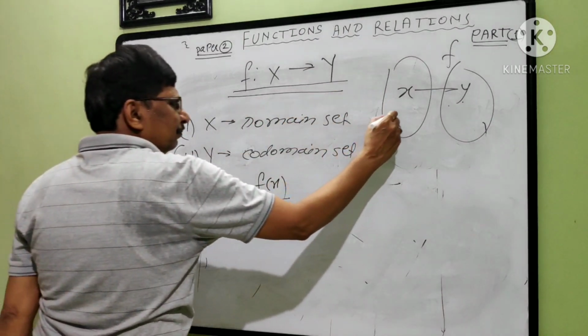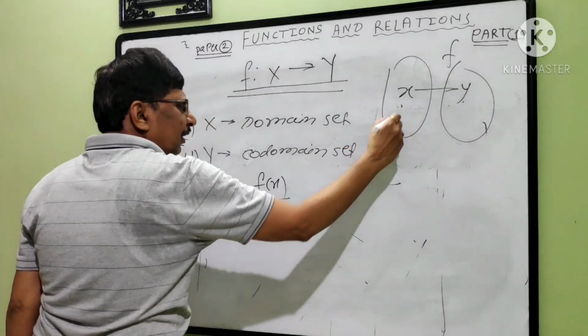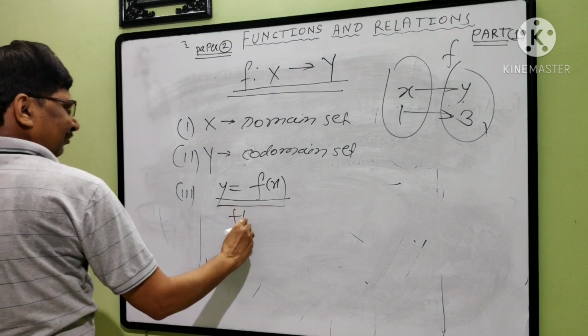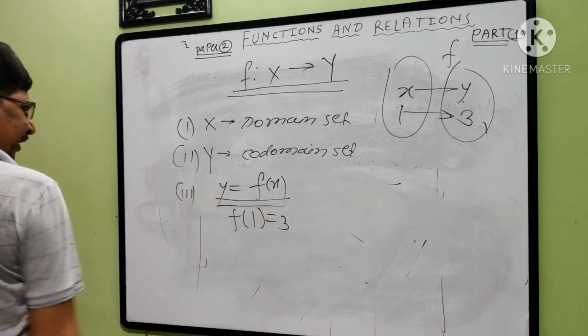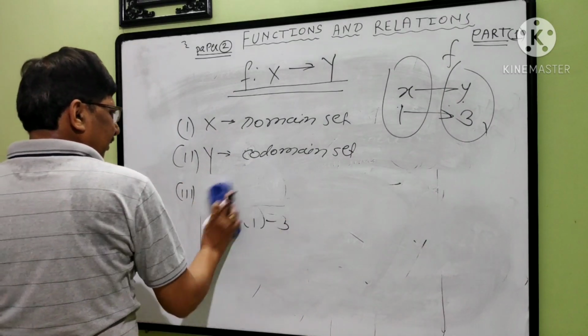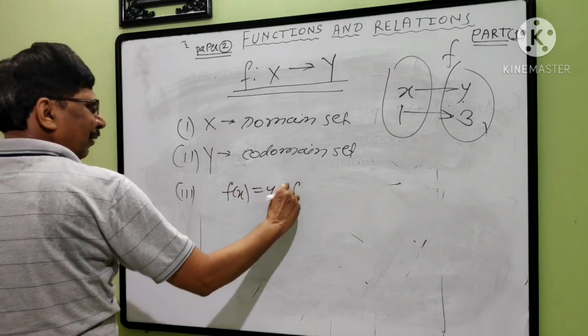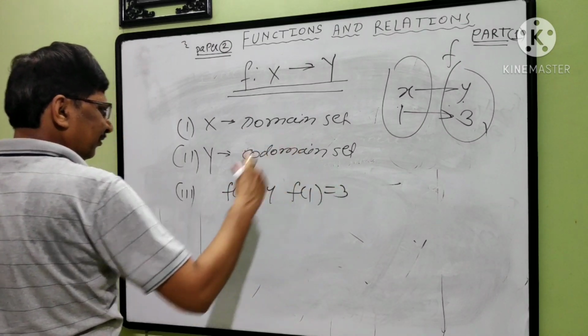Suppose 1 is related to 3, then we write f of 1 is 3. Okay, f of 1 is 3. Any doubt? Means f of x is y, f of 1 is 3, like this.